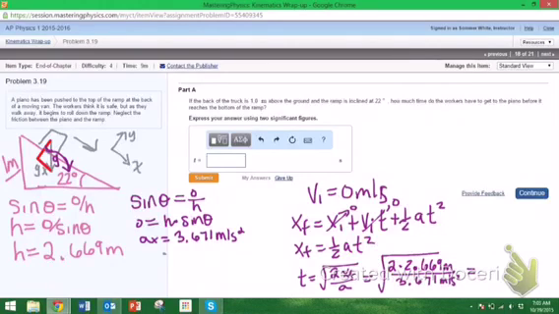I have a typo going on over here. And I get that they have 1.21 seconds to catch the piano.